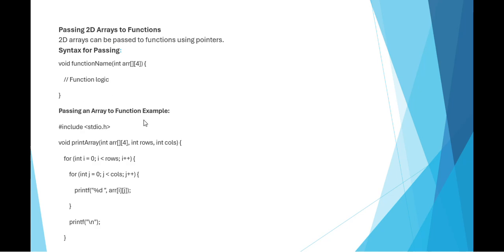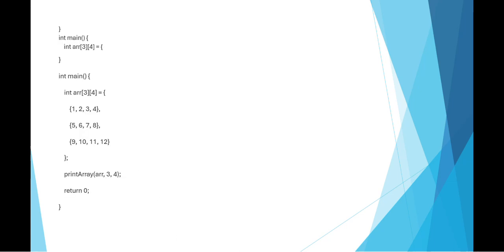Passing an array to a function example. This is the preprocessor directive, standard input and output. Void print array, int array, and int rows, we declare, and within the function we initialize the values of the type of data given. Then this is the outer loop and this is the inner loop, and we print the values. This is the main method.